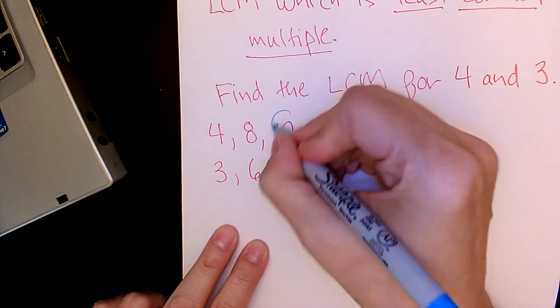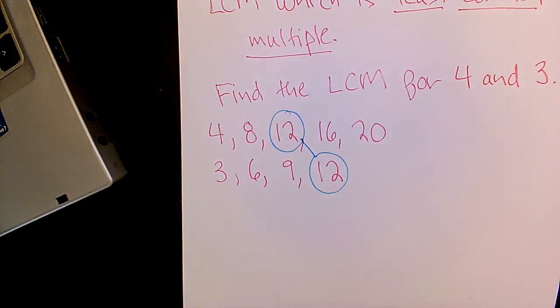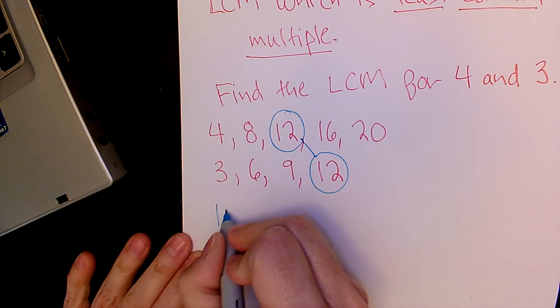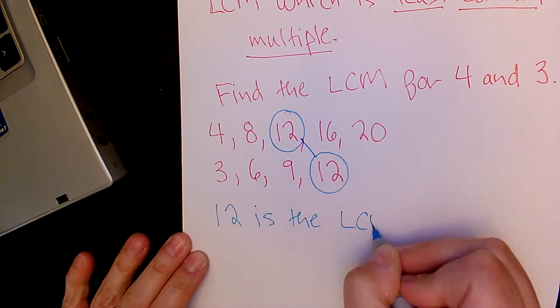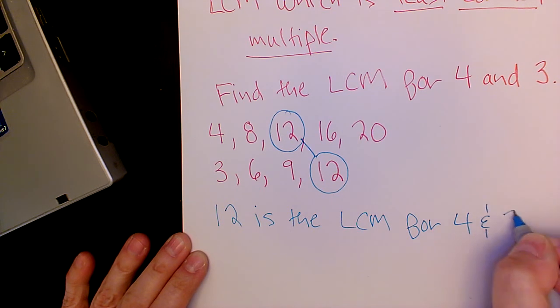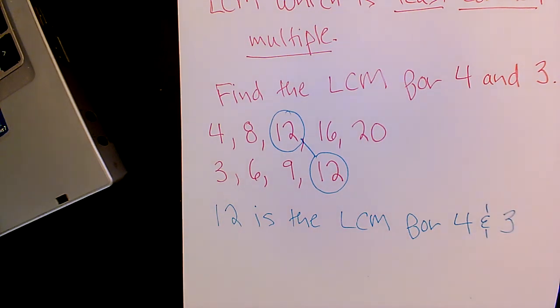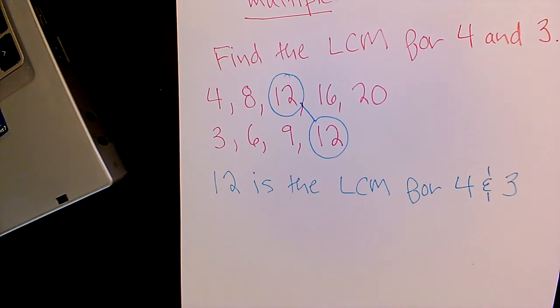Okay, I got a match. Easy. So 12, we say, is the LCM for 4 and 3. Easy? Or we can just list them out like that.